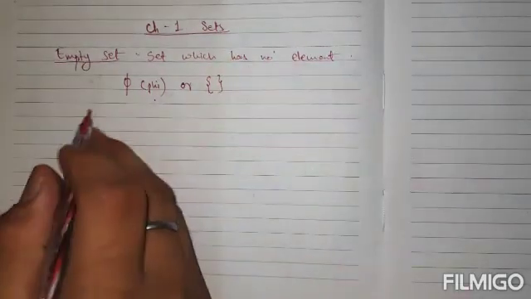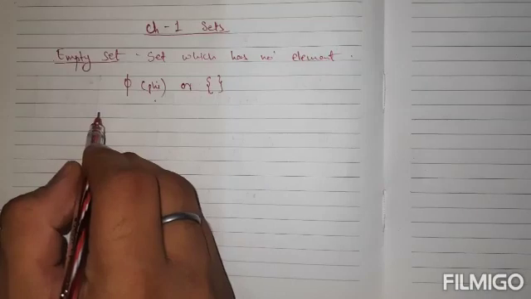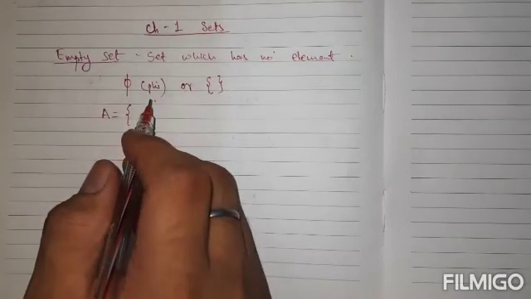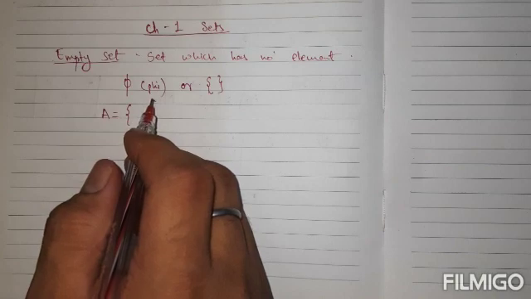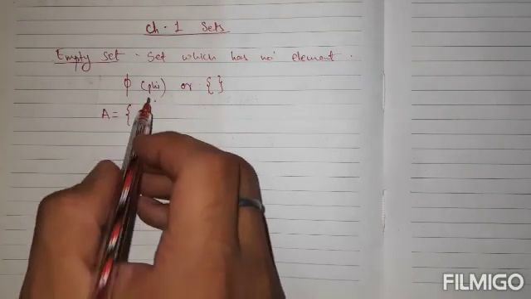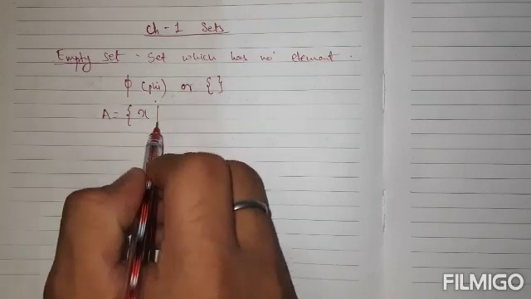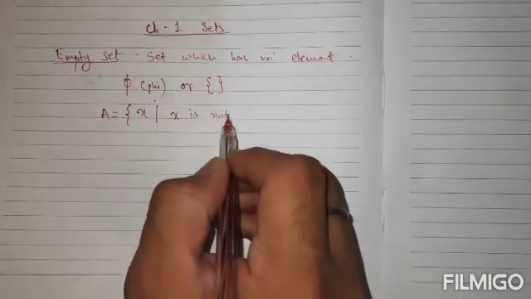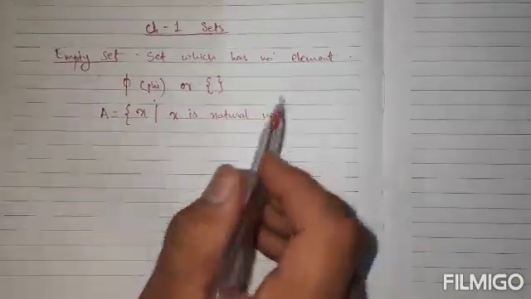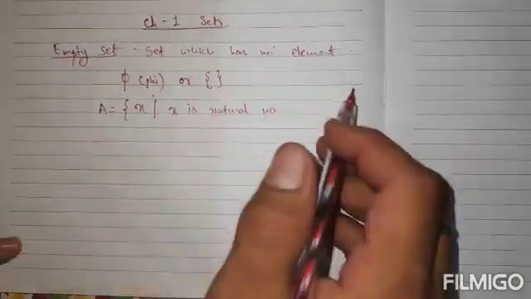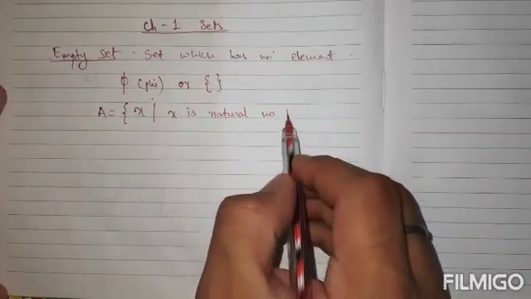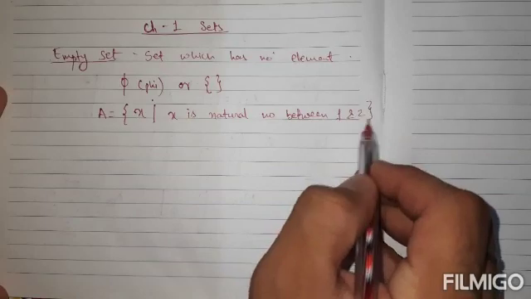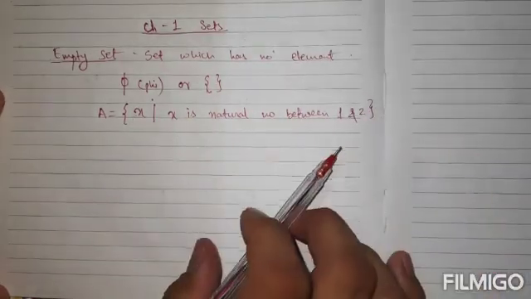And let me give you an example. Suppose A is the set of all x such that x is a natural number between 1 and 2.